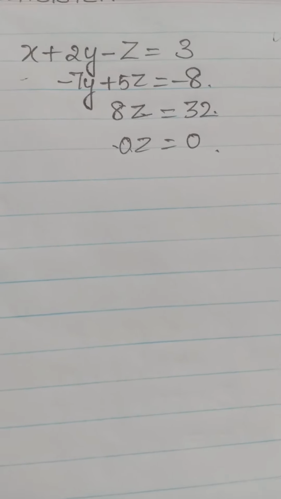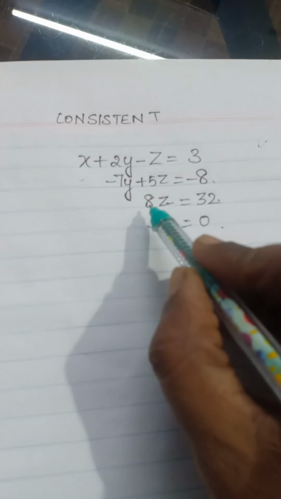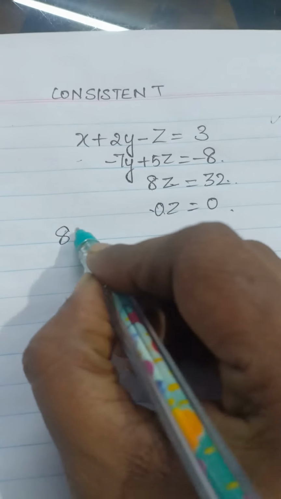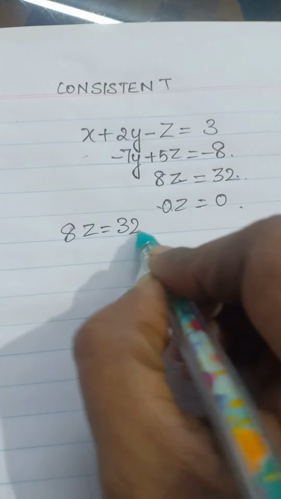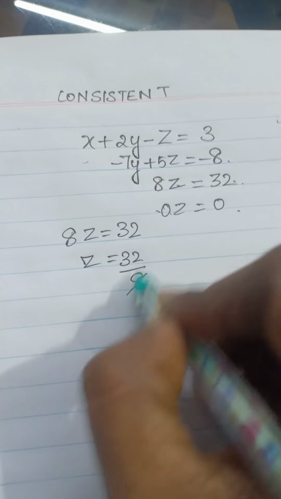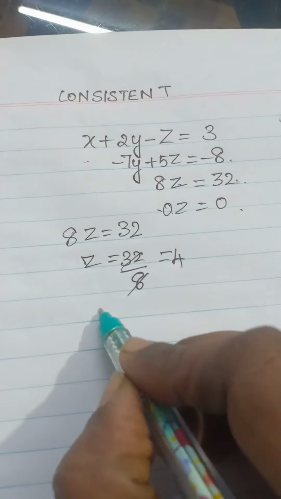Now we need to solve this. So to solve this, we have to start with the third equation. What is given here? 8z is equal to 32. So what is z now? 32 by 8. 8 fours are 32. Value of z is equal to 4.